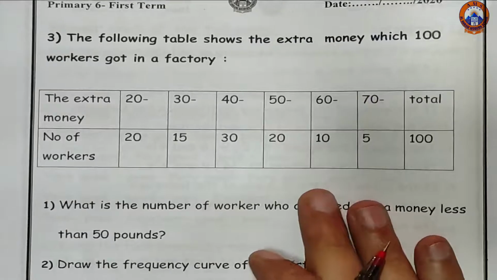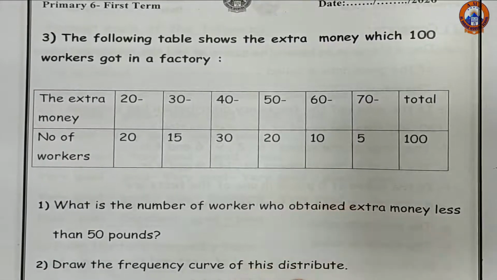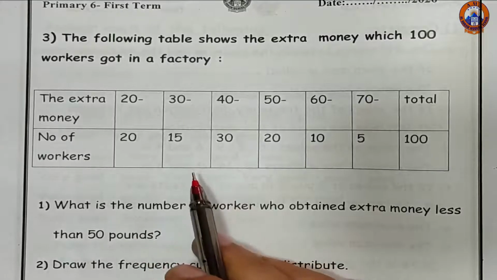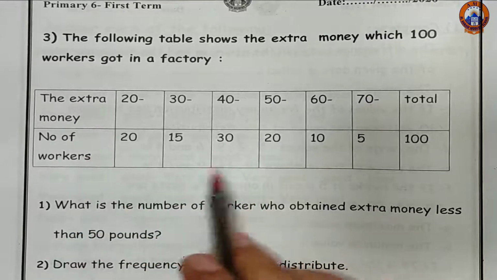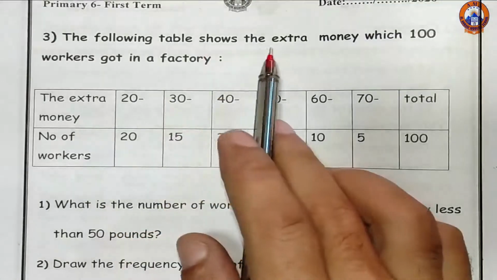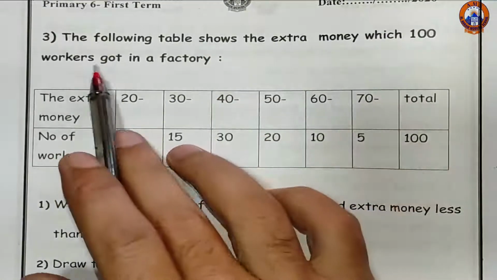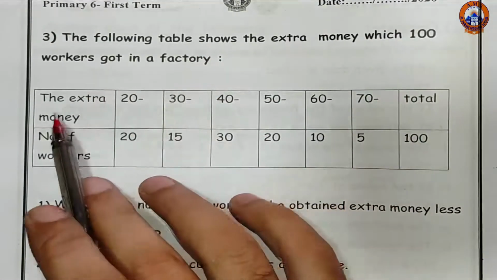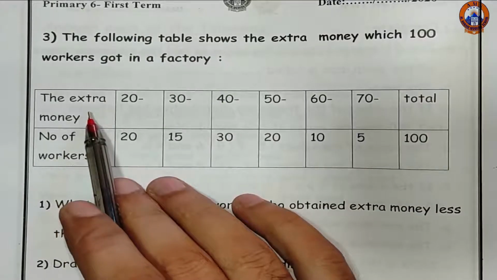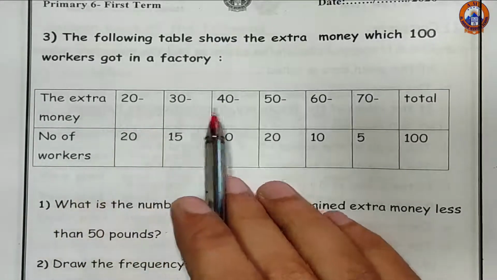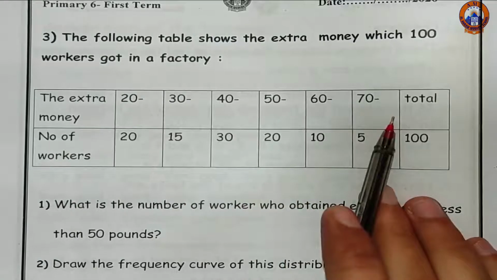The most important example in this unit is how to draw some statistical data. In any examination you will find a table like this. The following data shows the extra money which 100 workers got in a factory. The extra money is distributed into sets like 20, 30, 40, 50, 60, and 70.